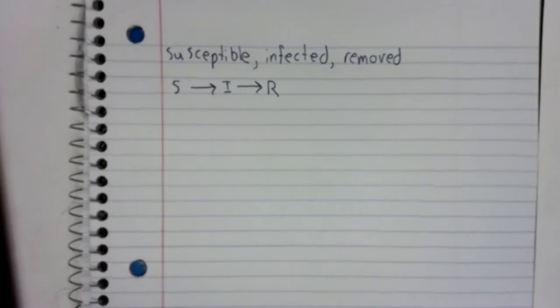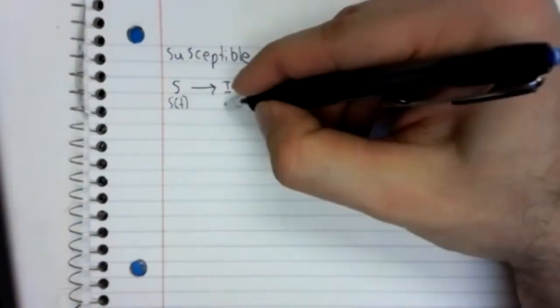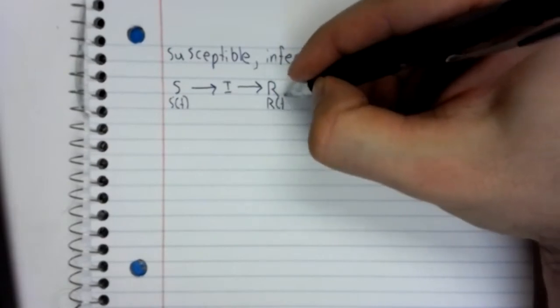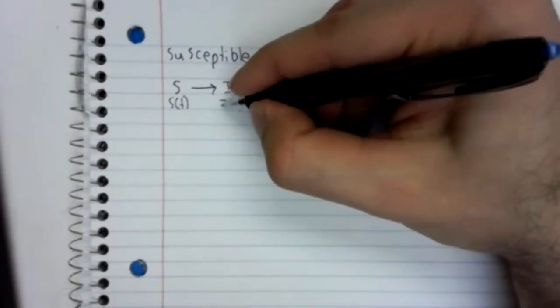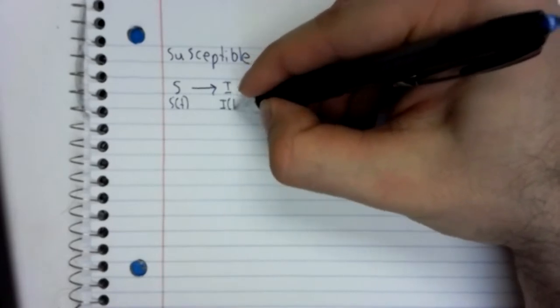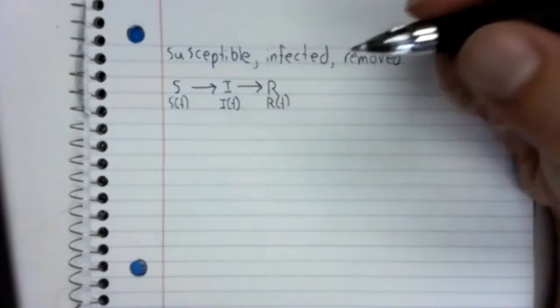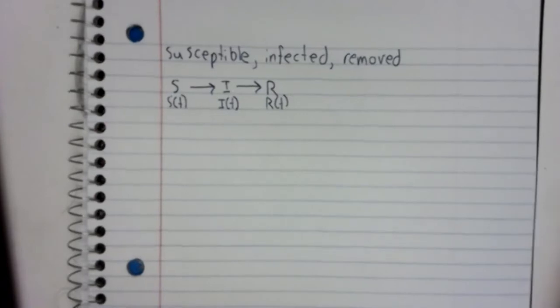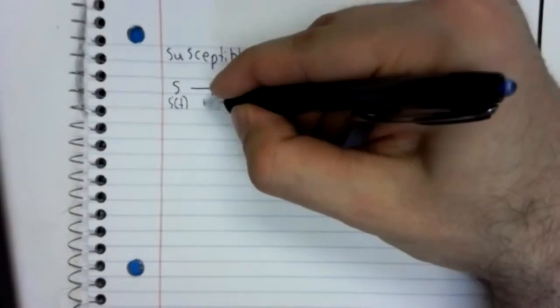The number of people in these categories will be S of t, R of t, and I of t, because of our assumption that the population isn't changing, except perhaps due to the disease.